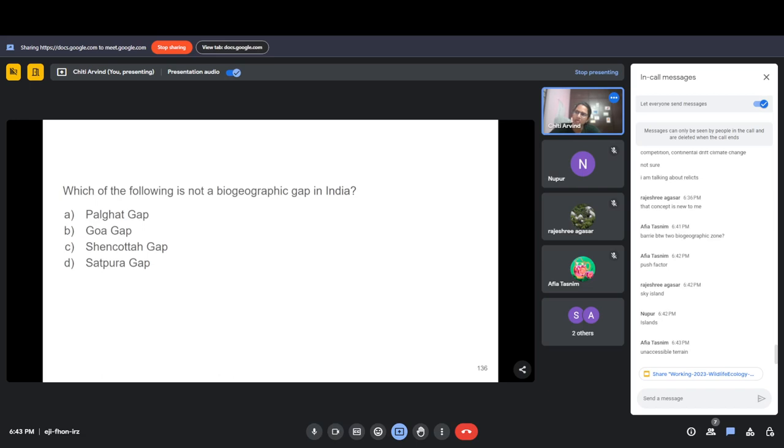Inaccessible terrain, okay. Islands, okay. So in an island system, for example, what acts as a barrier? Let's take the example of a terrestrial animal. For a terrestrial animal, what will act as a biogeographic barrier in an island type of system?